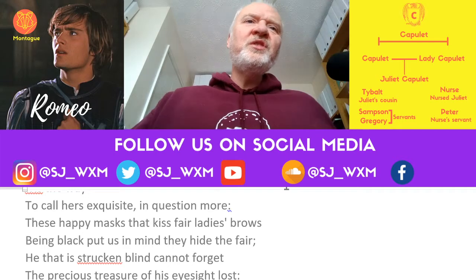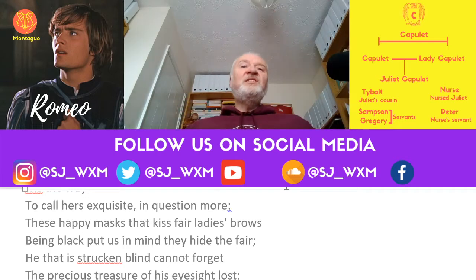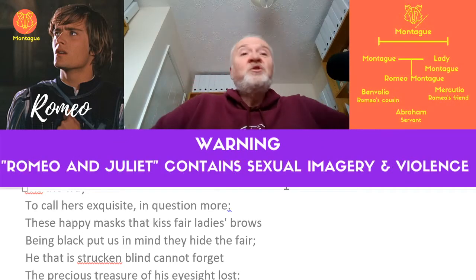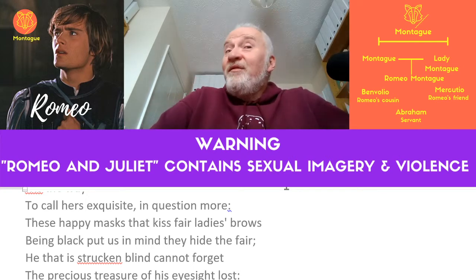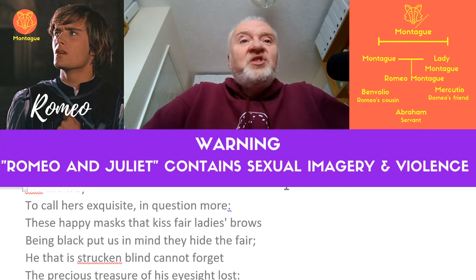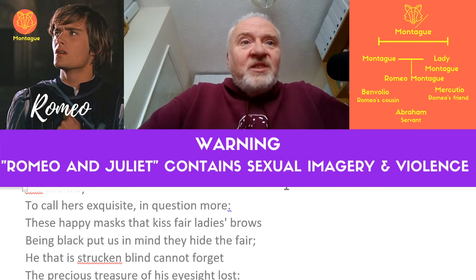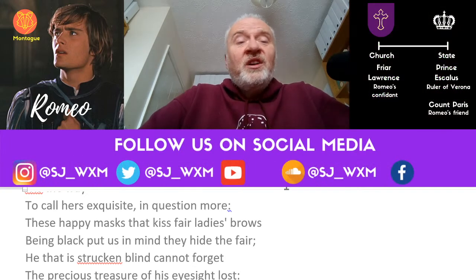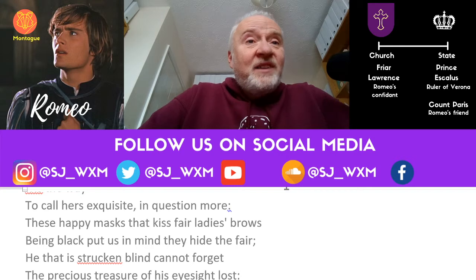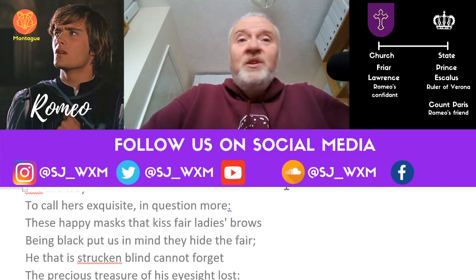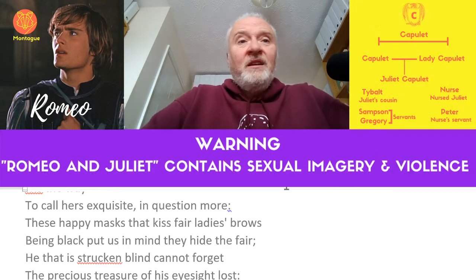'Tis the way to call hers exquisite, in question more. These happy masks that kiss fair ladies' brows, being black, put us in mind they hide the fair. He that is strucken blind cannot forget the precious treasure of his eyesight lost. Show me a mistress that is passing fair. What doth her beauty serve but as a note where I may read who passed that passing fair?